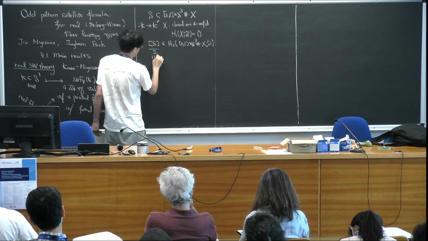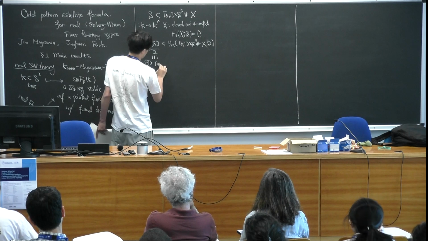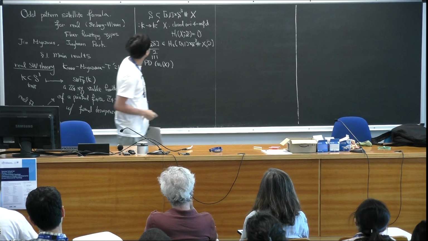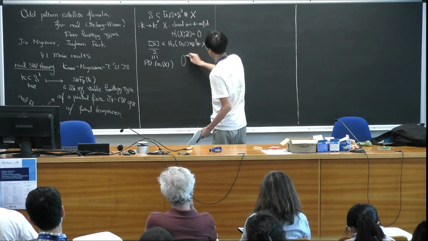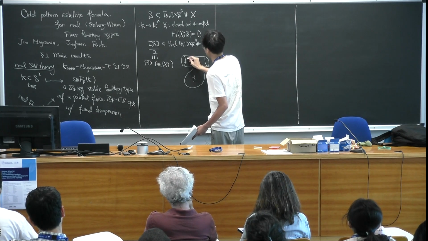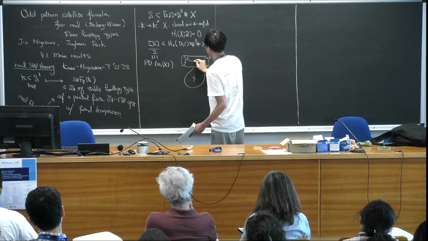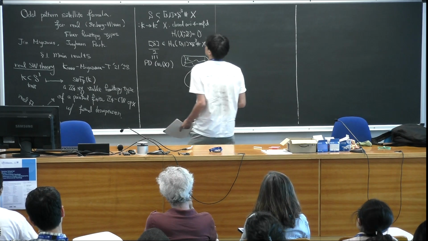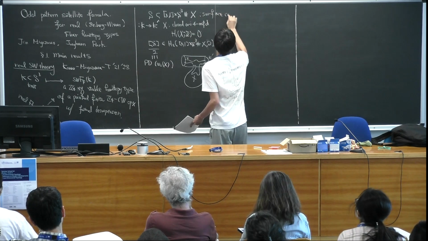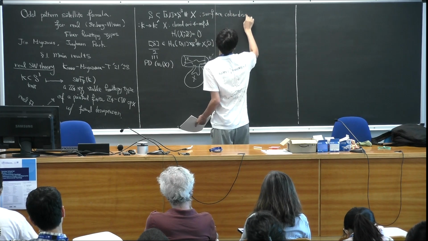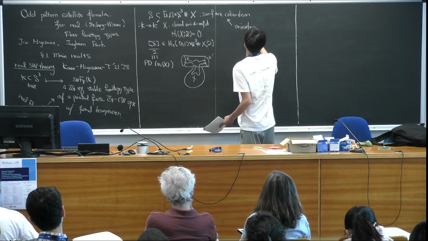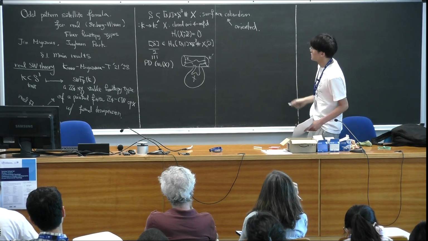And also I want to assume the Poincare dual of the second Stiefel-Whitney class of X is equal to this class divided by 2. If I draw a picture, there is X and K and K prime, and I have some kind of surface cobordism. In this talk, let me assume this is oriented. So this is input data.